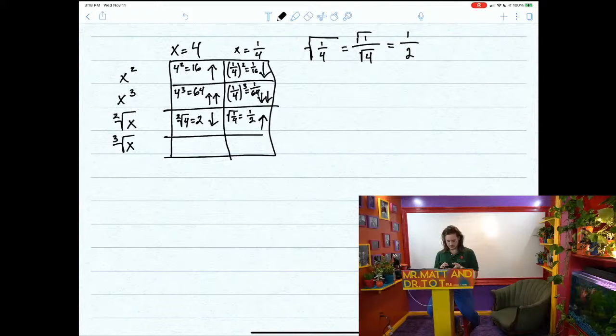Actually, this one is giving me a little bit of trouble. So here, if we have the cube root, let me just do it this way.